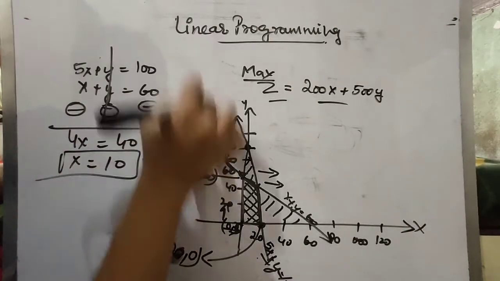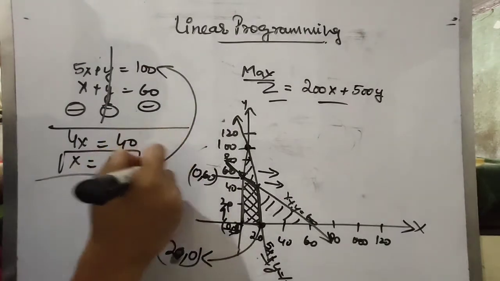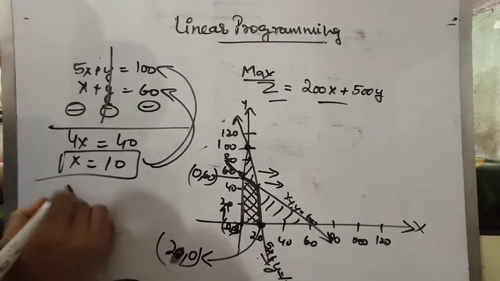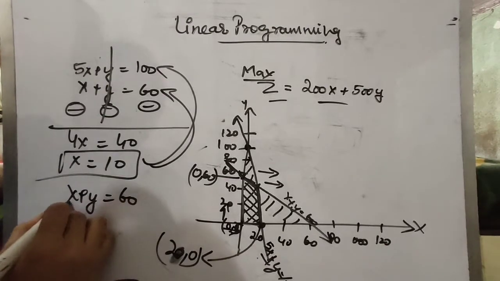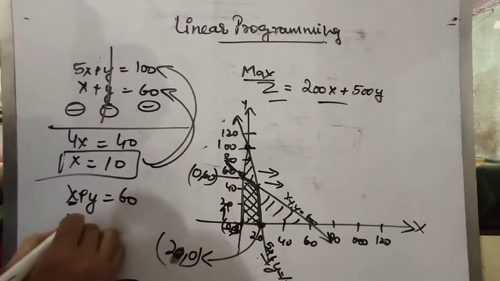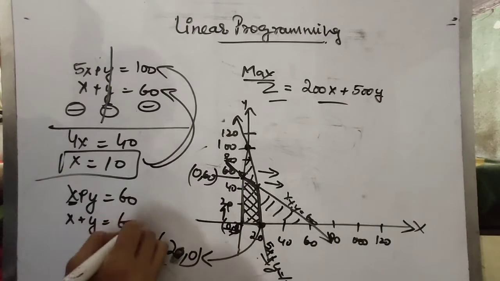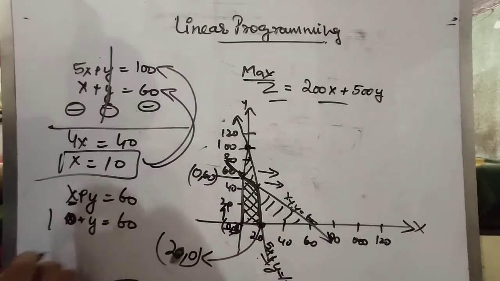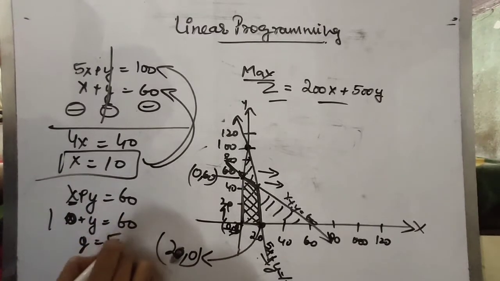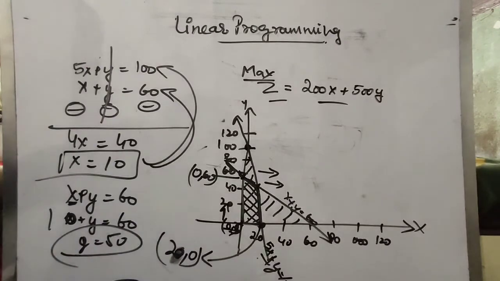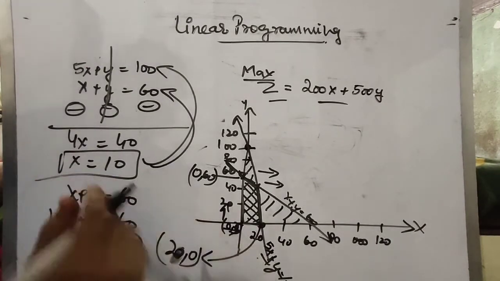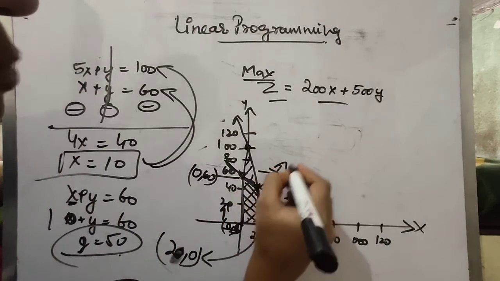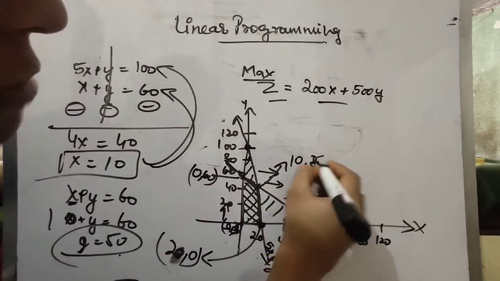I'll put this in the other equation, or you can put it in this one also. So x plus y is equal to 60, and placing the value 10 here, my y becomes 50. So my y value is 50 and my x value is 10. So this point becomes (10, 50).